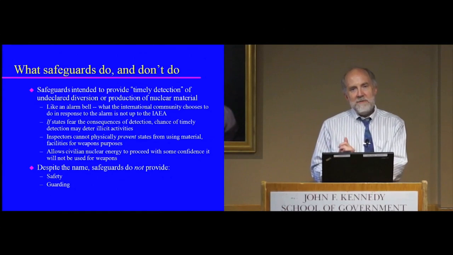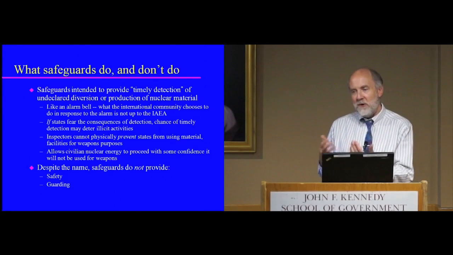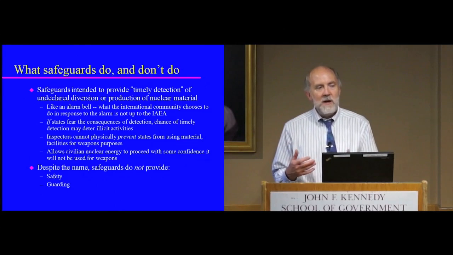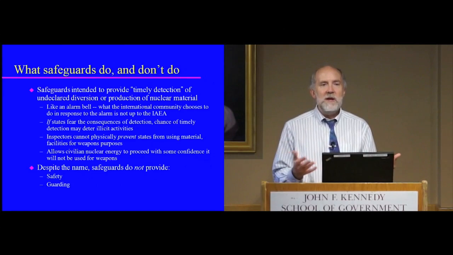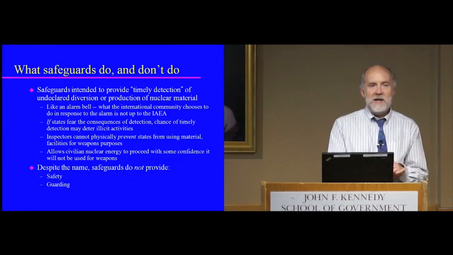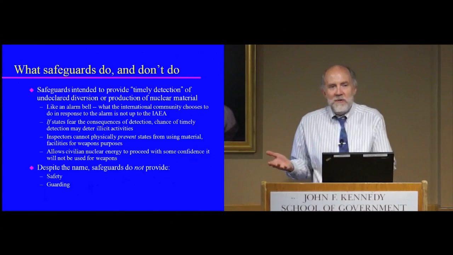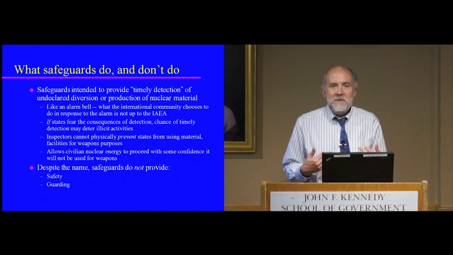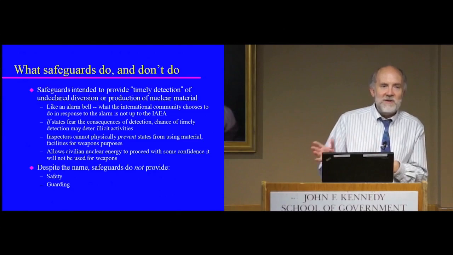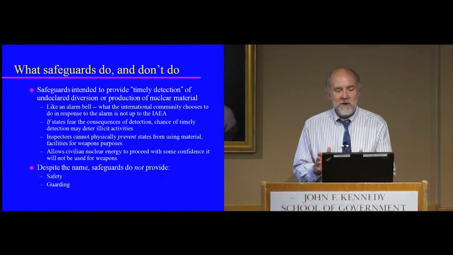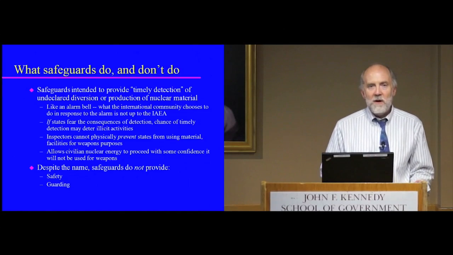Some people who are not very well informed from some countries say, why are you worried about the security of my nuclear facility? It's under IAEA safeguards. All that means is that an inspector might come once a month or something like that. It doesn't mean that there's anybody guarding the facility round the clock. So safeguards doesn't mean safety or guarding.